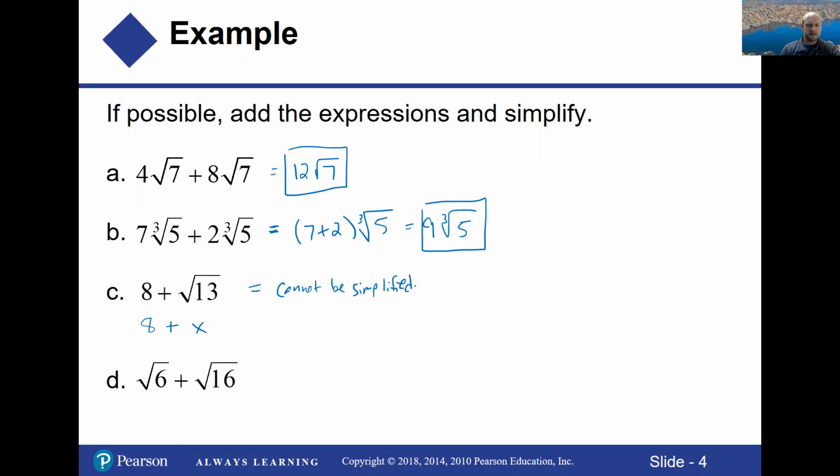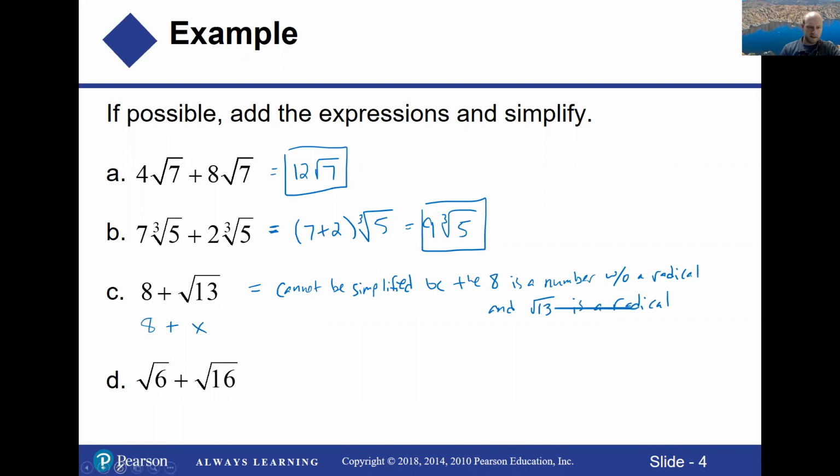And again, the reasoning for that here is, well, because the 8 is just a number, a number without a radical, right? And root 13 is a radical.